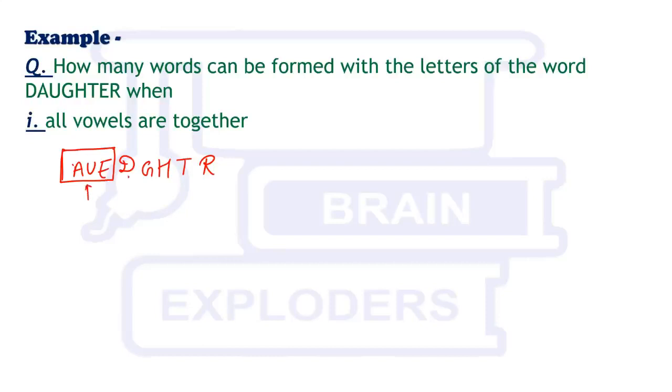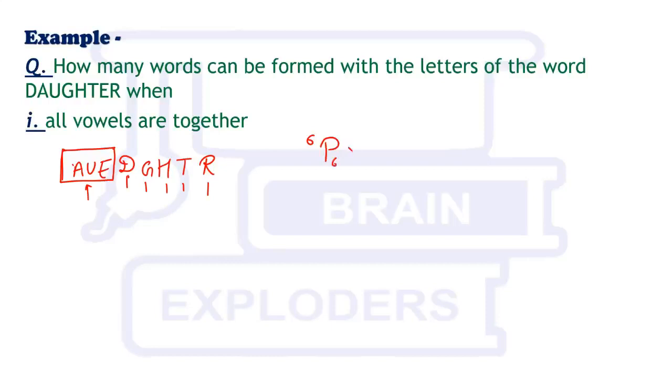So in total, we have 1, 2, 3, 4, 5, 6 elements, 6 distinct objects. So 6P6 is the number of possible permutations of these 6 elements.